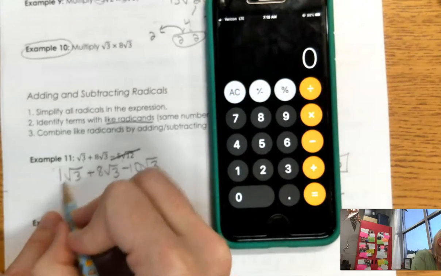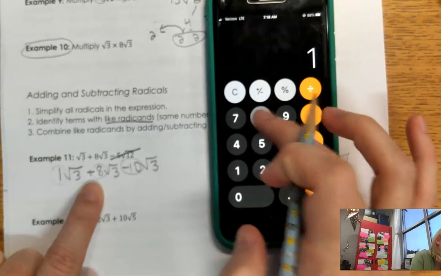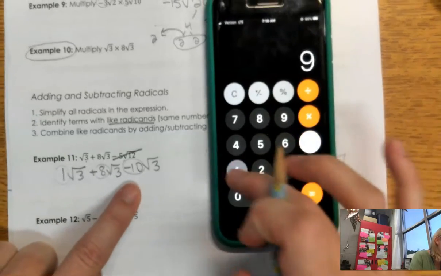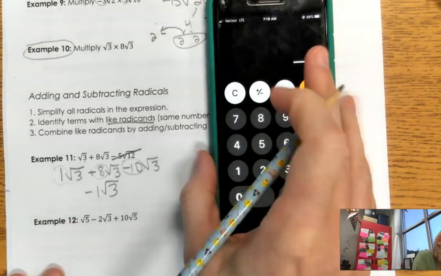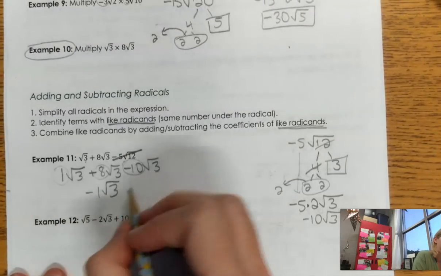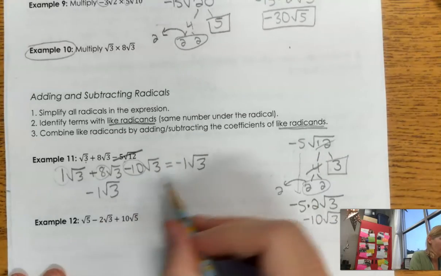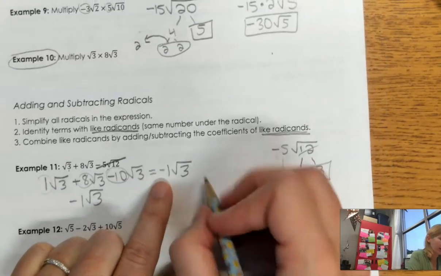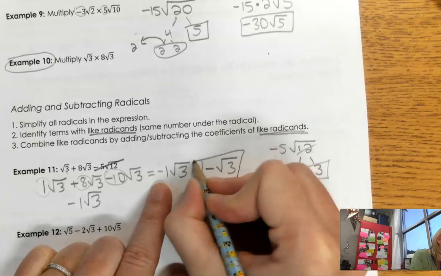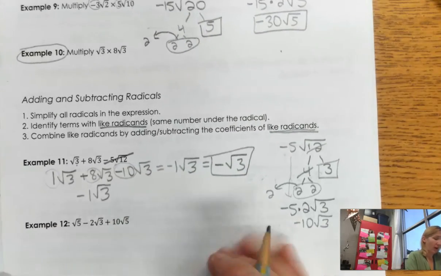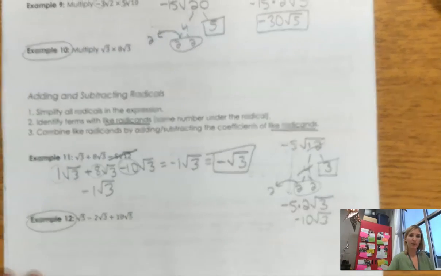So I'm just going to add these coefficients. 1 plus 8 minus 10. And I end up getting a negative 1 square root 3. Remember, I don't need to write the 1. It's understood. So I can just write this as a negative square root 3. Go ahead and try example 12, and we will review that on Friday before the quiz.